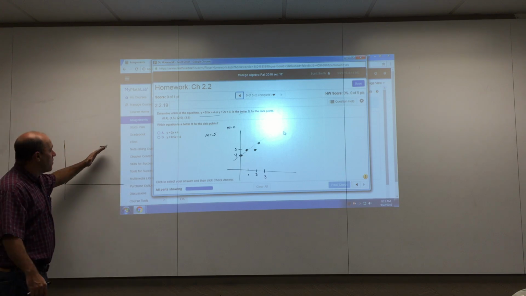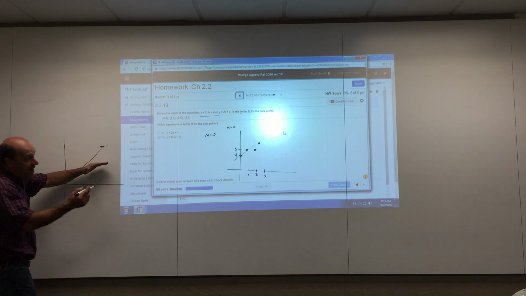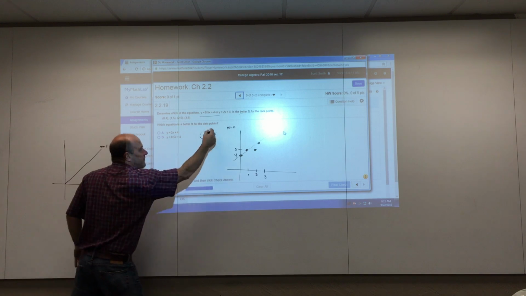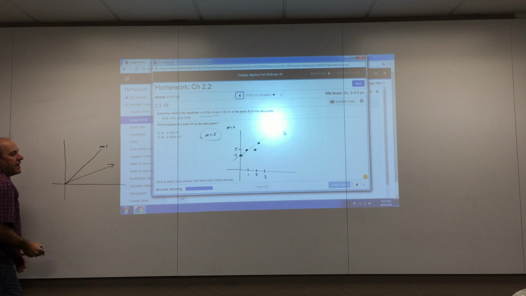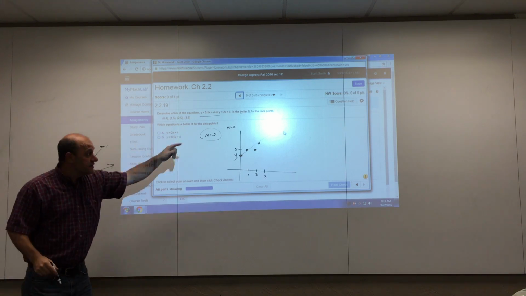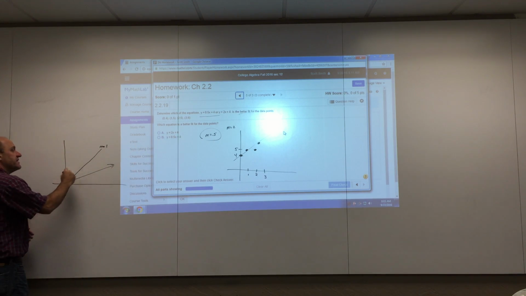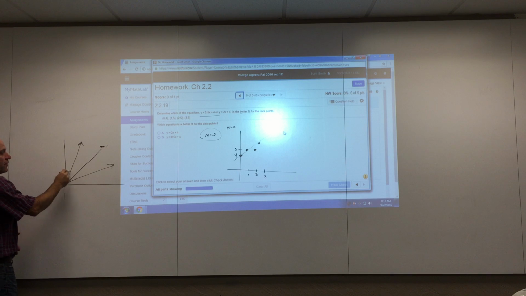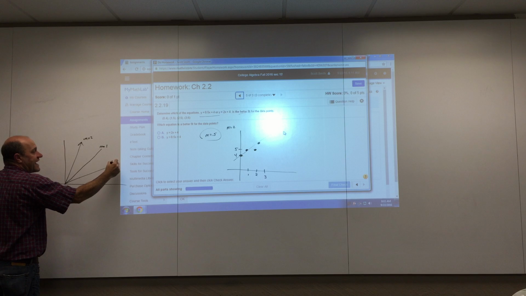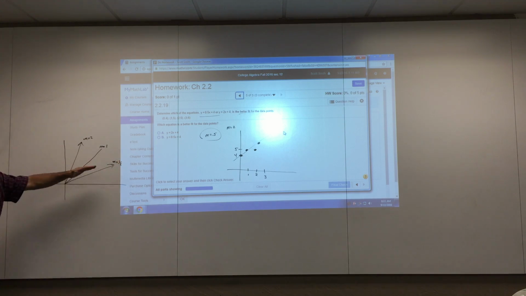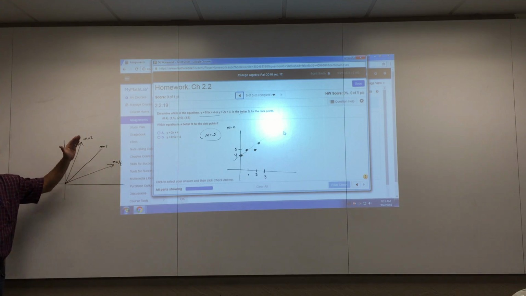Anything less than a slope of 1, like a half, is up 1 over 2. So it's kind of here, and a slope of 2 is higher than that, steeper than that, like up 2 over 1. So I have this idea when I think of slopes. That's a shallow slope, that's a steeper slope.